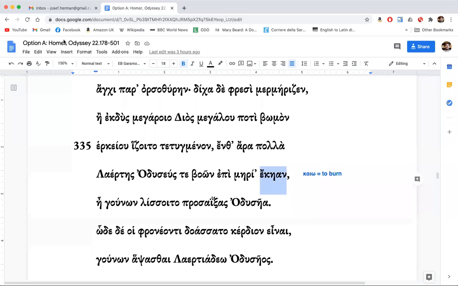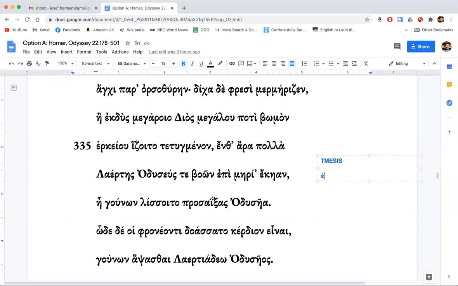Okay, so where Odysseus and Laertes had burned, and in fact, it's a little bit complicated here. This is an example of a linguistic usage that we call tmesis. This is where you take a verb which is normally compound and you split it in two.